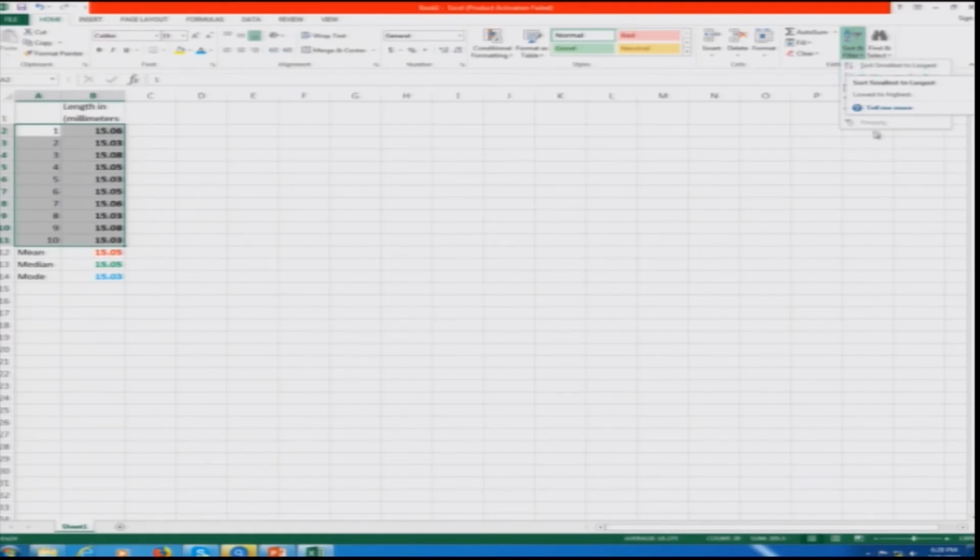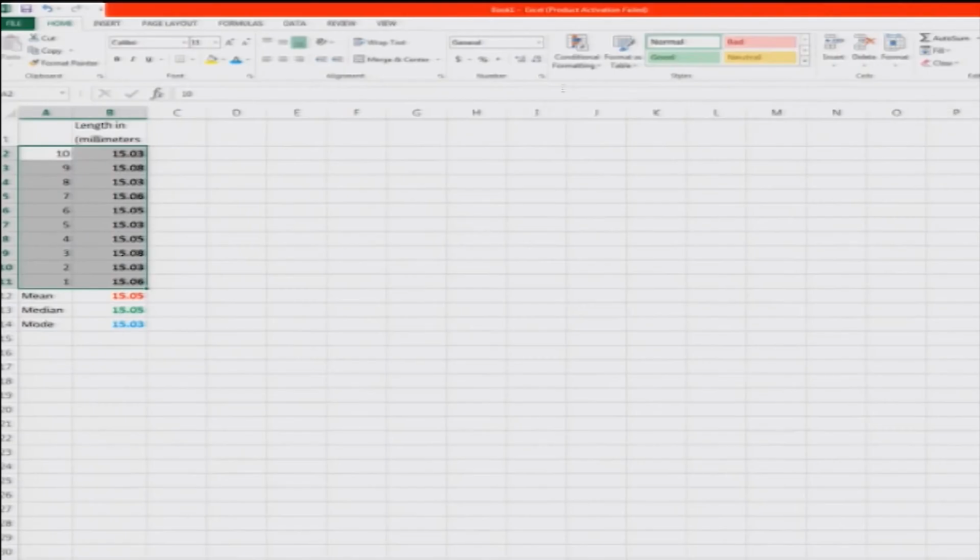If I do largest to smallest, the values change. It has sorted from 10 to 1. The value corresponding to 10 is 15.03 only. Corresponding to 5 is again 15.03. Corresponding to 3 is 15.08. If I undo this, Control plus Z is undo, you can see the value corresponding to 3 is 15.08.